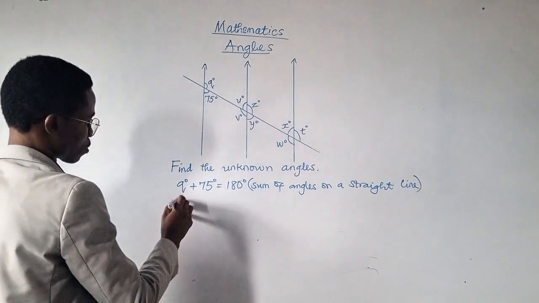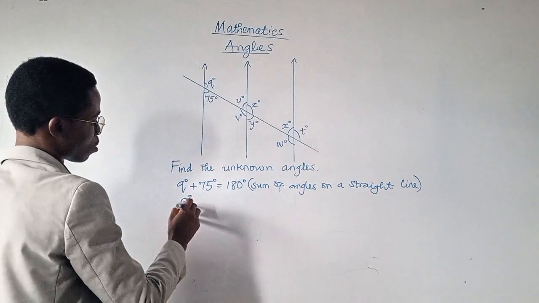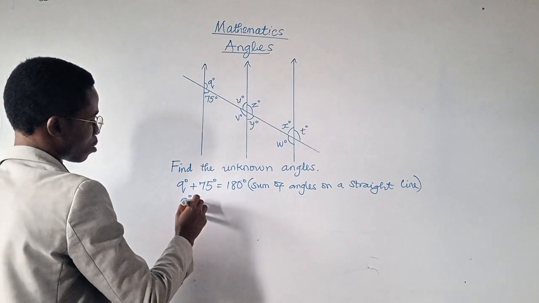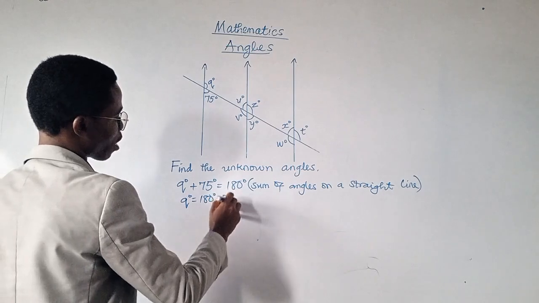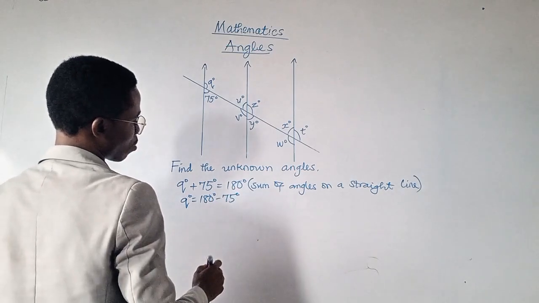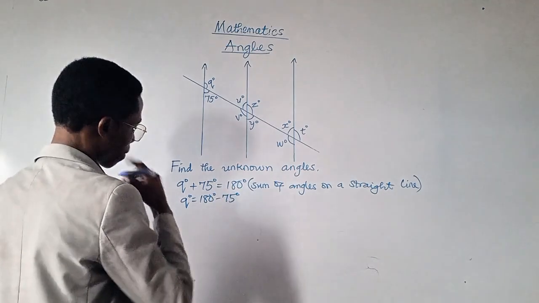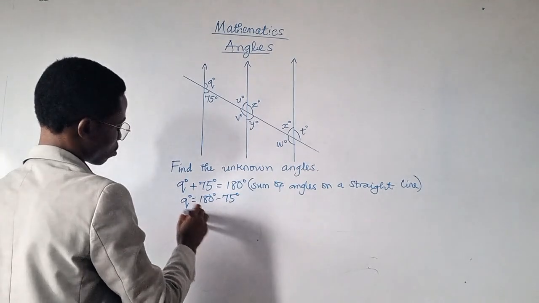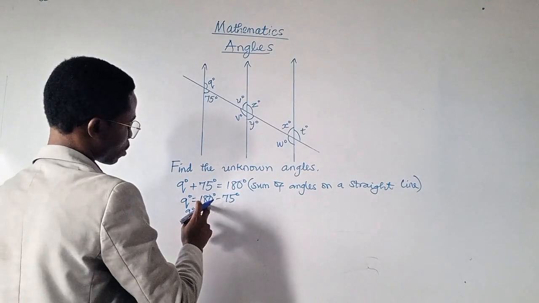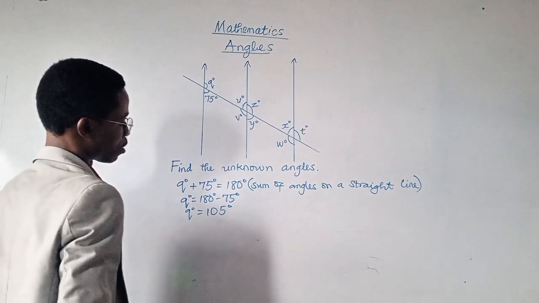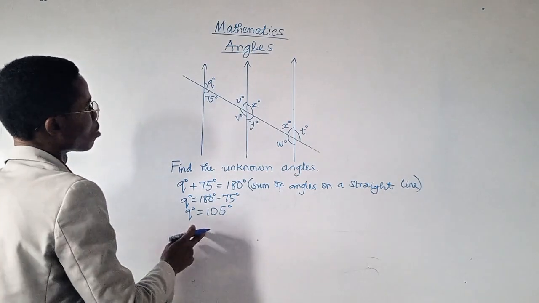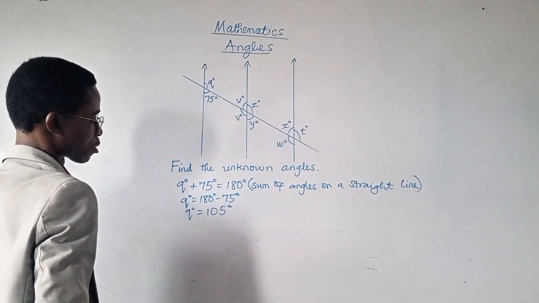So Q equals 180 minus 75, which gives us 105 degrees. So our Q is 105 degrees.